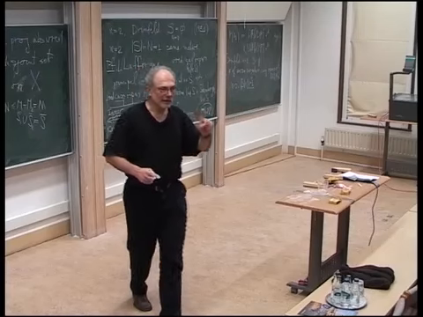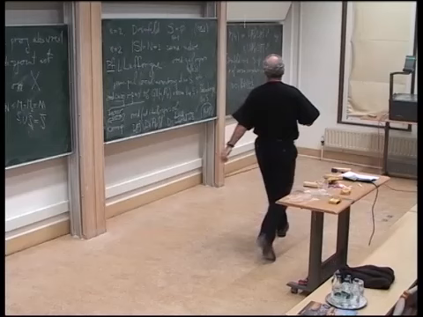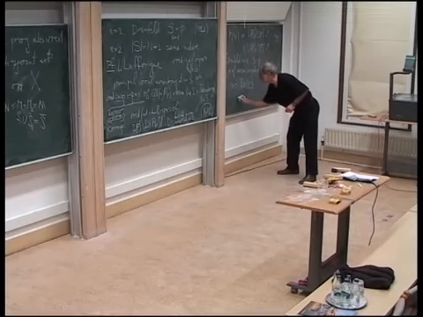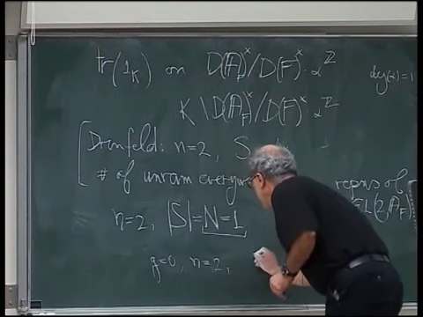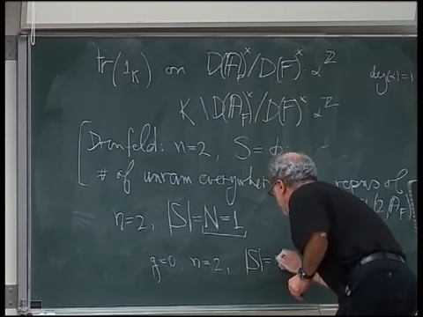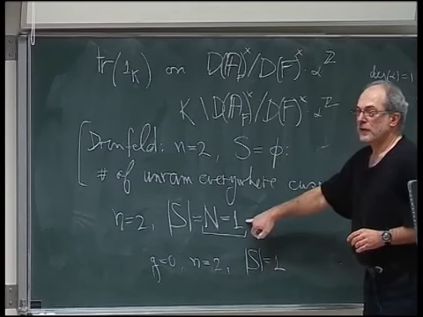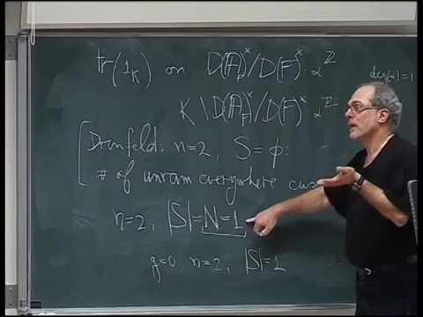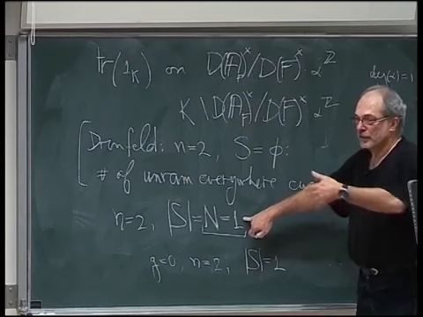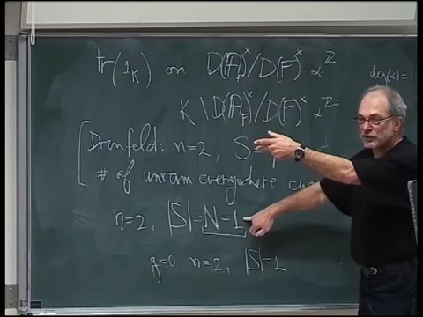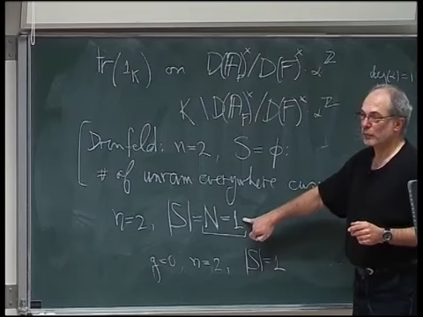So in the case of g equal to 0, n equal to 2, and S equal to 1, there is a purely arithmetic proof of the computation for the motive. You don't need to use the full trace formula.